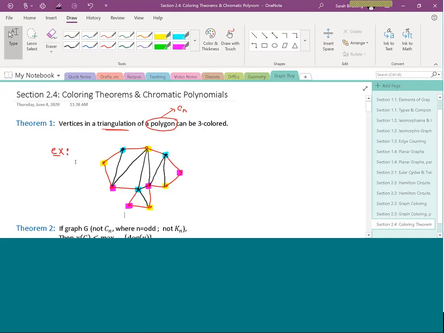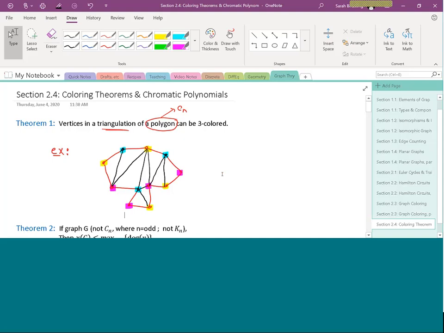We were able to go around and color all of these guys with only 3 colors. So if you are able to notice that the graph that you have is a triangulation of a polygon, in other words, all of the bounded faces have degree 3, you are guaranteed to have a 3 coloring exist using this same strategy, okay? Kind of a cool little example, I have to admit.